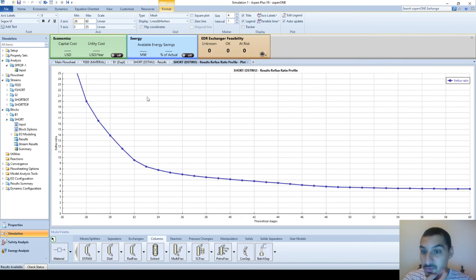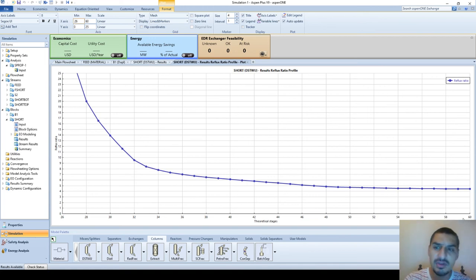From here you see that the reflux ratio was 20 when I used 28 stages, and the reflux ratio was almost 4.5 when I used 60 stages, and it's going to get smaller as the reflux ratio increases.